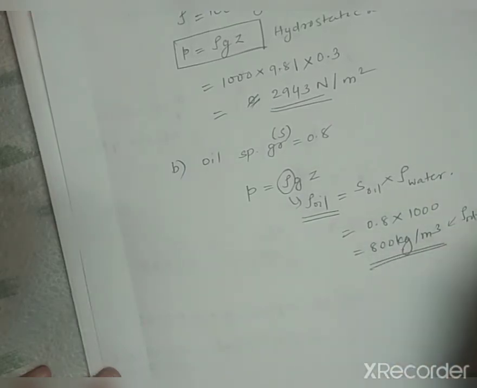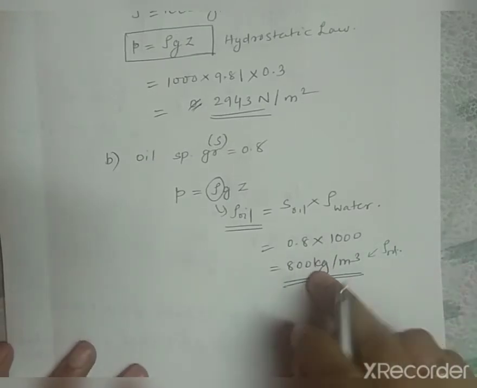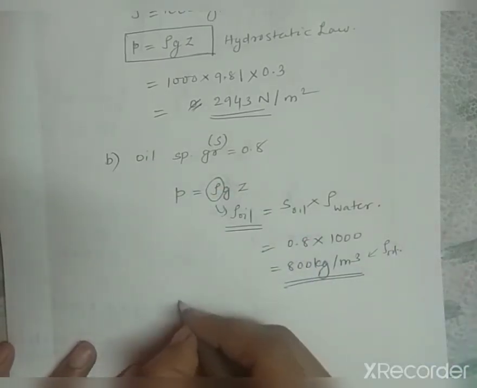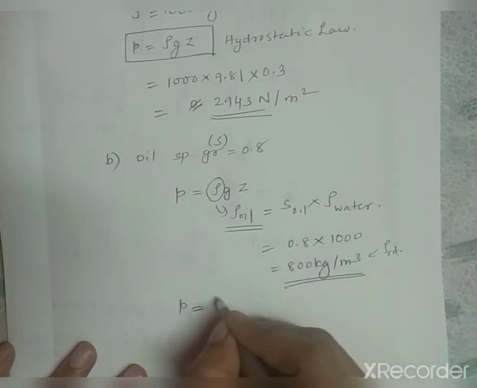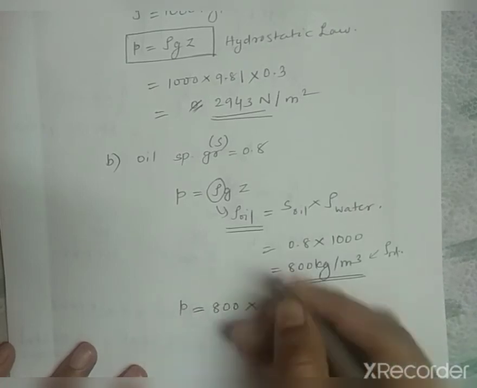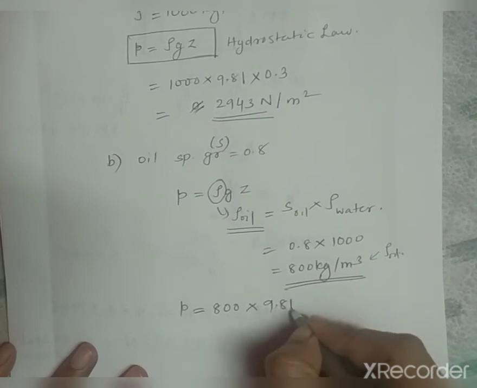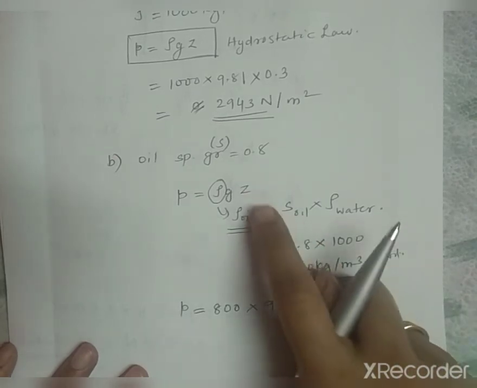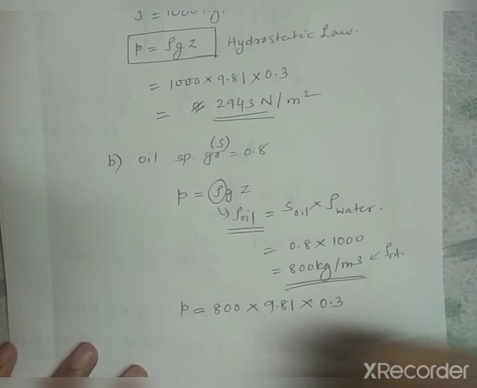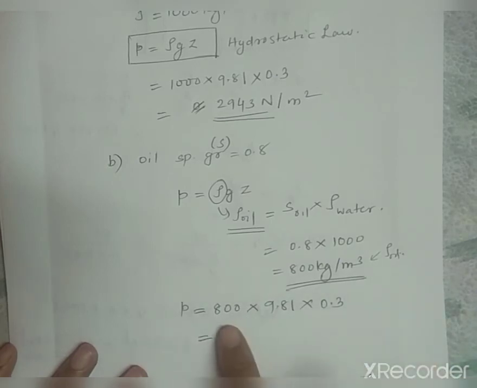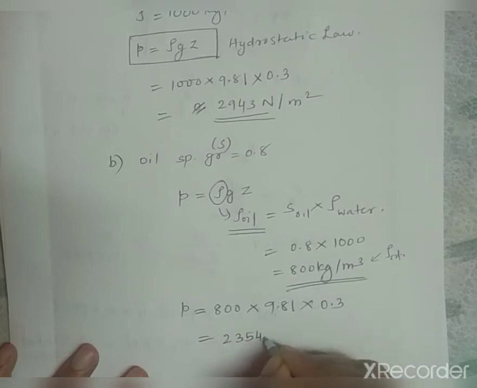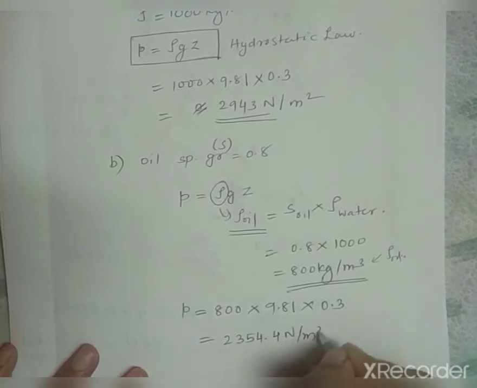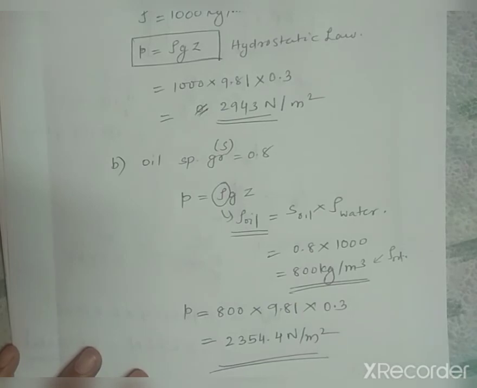Now you substitute this value in this equation. So P is equal to rho oil, that is 800, into G, 9.81, into Z, 0.3 meters. Use a scientific calculator. You will get the answer as 2354.4 Newton per meter square. So this is the answer.